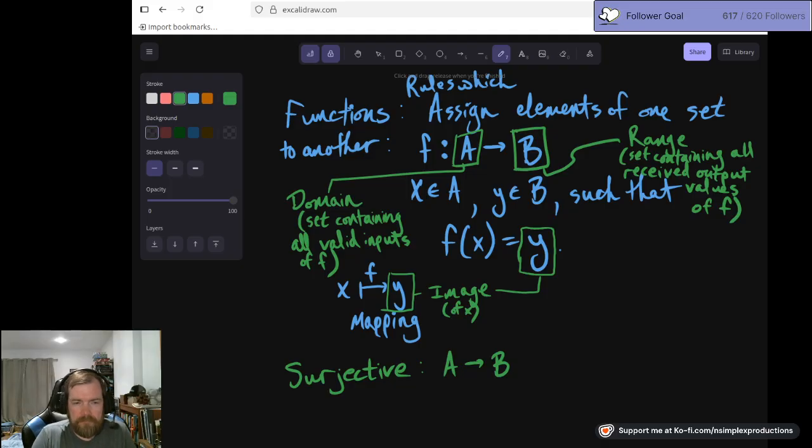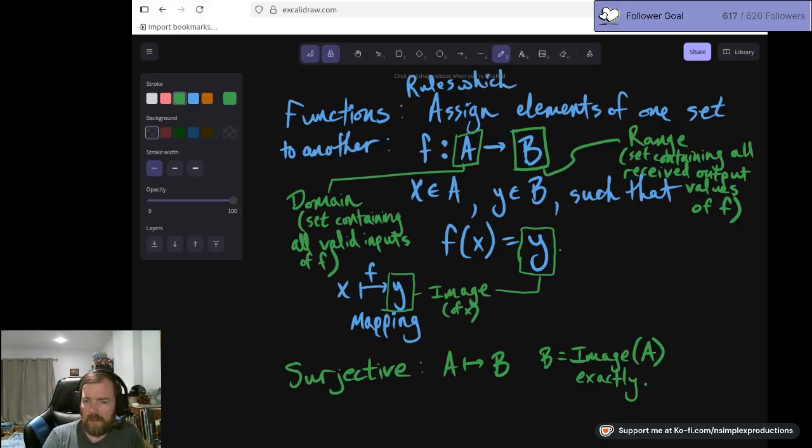Okay. Injective is 1-to-1. Okay. It feels like it should be bijective.